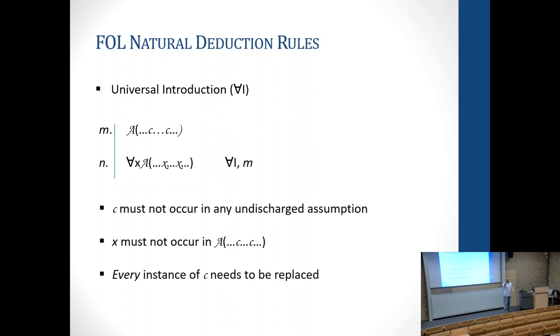Or it could be the sentence that opens our subproof. Until we close the subproof line and step back into the main proof line, the sentence that opens it, the one that we draw our little sub-proof assumption line on, counts as another undischarged assumption.